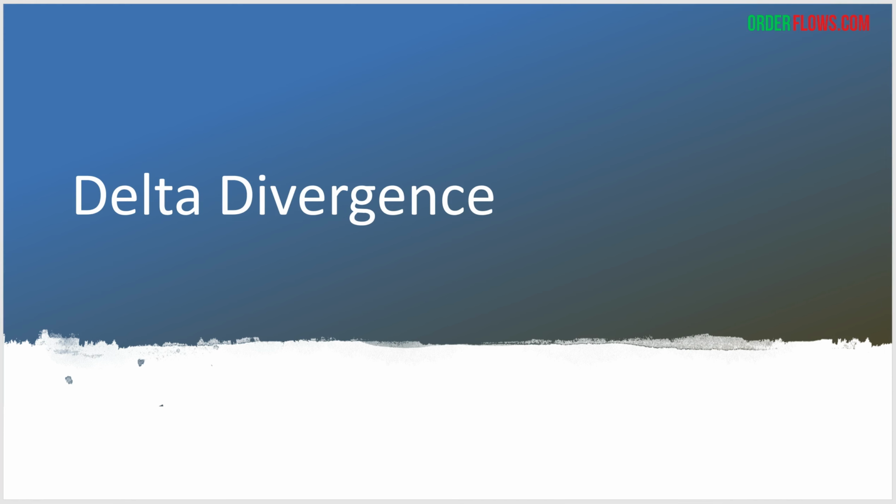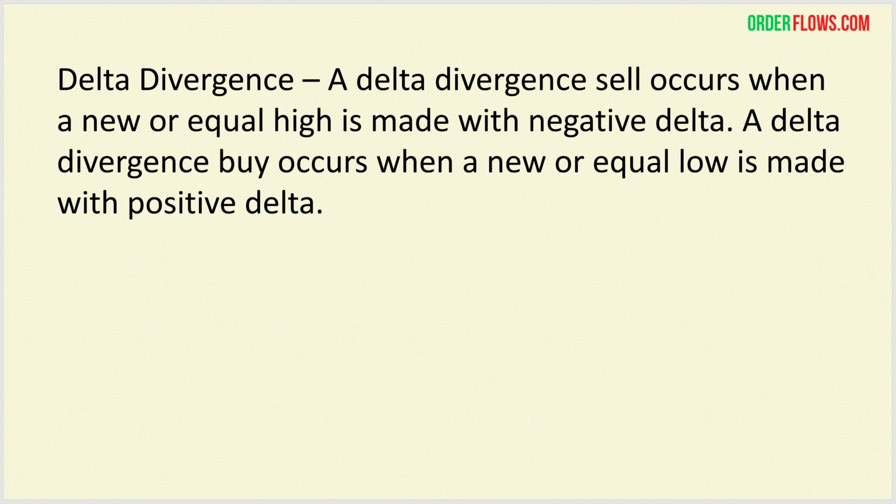So delta divergence, this is the second one I want to talk about. A lot of order flow software has a delta divergence component built into it. What delta divergence is, in the purest sense, is that a sell will occur when a new or equal high is made with negative delta. Because when you make a new high, you expect to have positive delta.